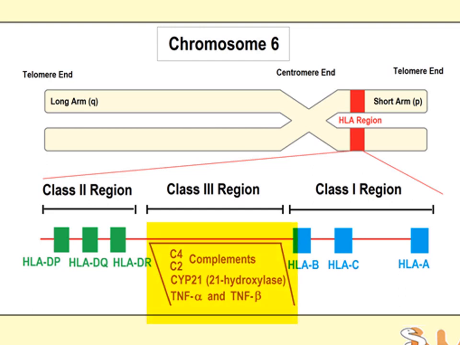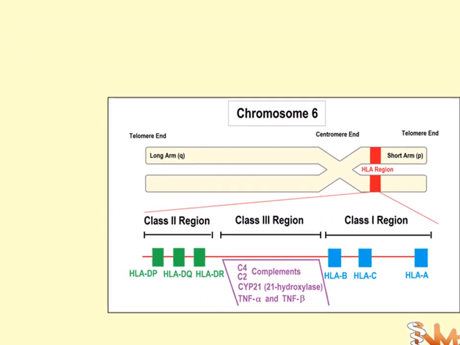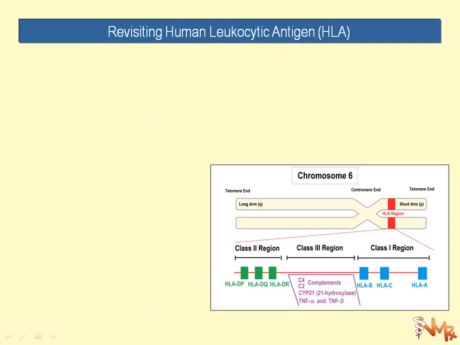Now, in between, we have this class 3 region, and as I've said earlier, we have several of the complements, such as complement 4, complement 2, and in particular, the famous cytochrome P21, or 21 hydroxylase. And if you recall from endocrinology, deficiency of this one causes adrenal virilism, and also tumor necrosis factor alpha and beta genes are also located in this region.